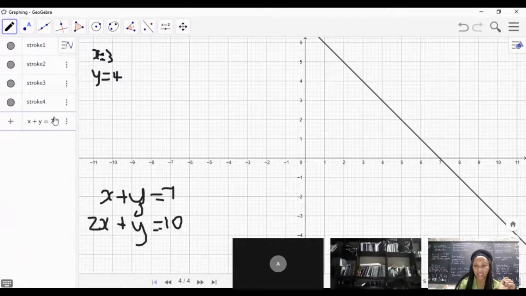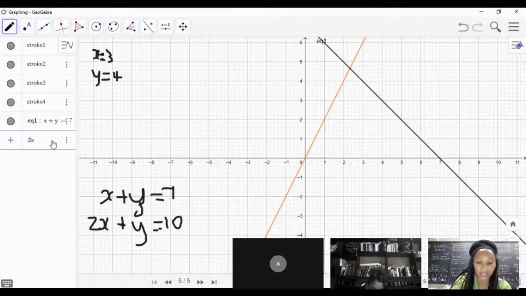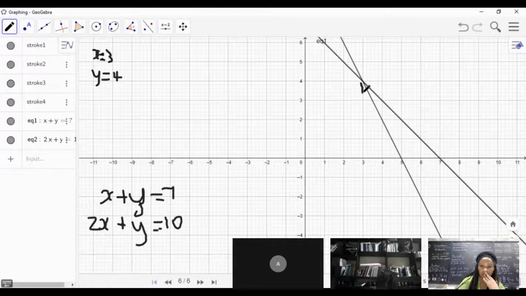So that's that line. And then the other one was 2x plus y equals 10. That's the other one. So dotted line, straight down.